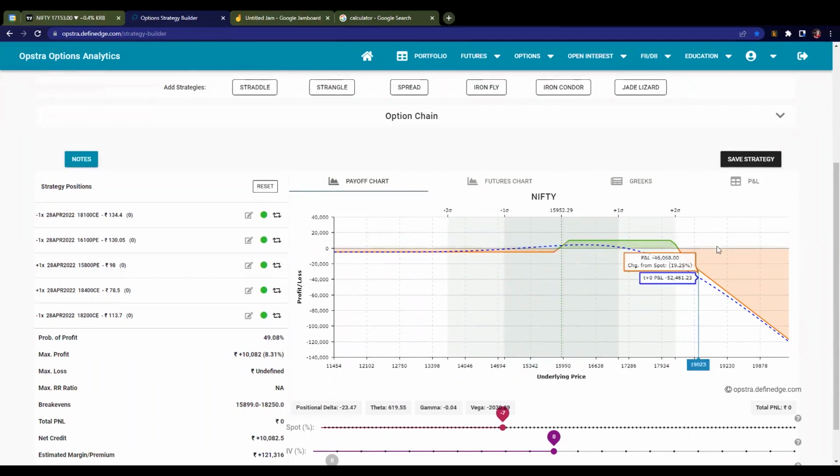Now, obviously, you're keeping open the upside loss potential, but at the end of the day, you need to be practical in the market. The market cannot just move down 7% and again 8-9% towards the upside, and that too during the same month. So yeah, that's how you need to play with strangles or the iron condor.